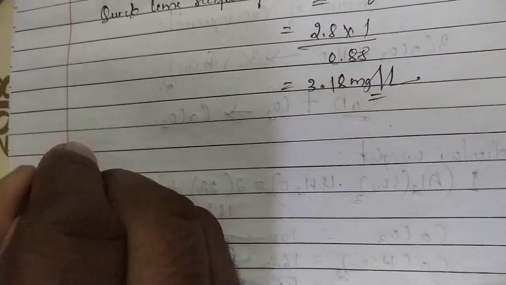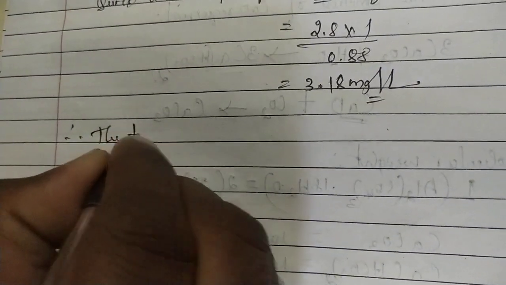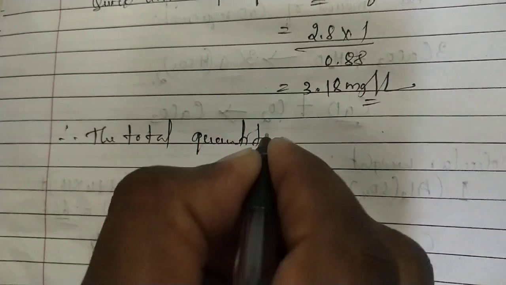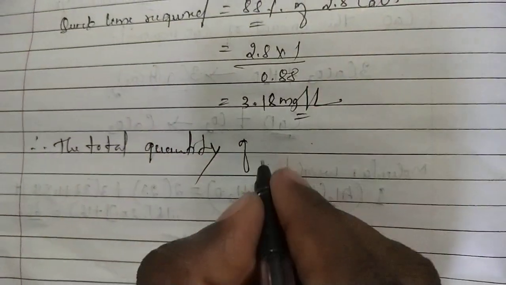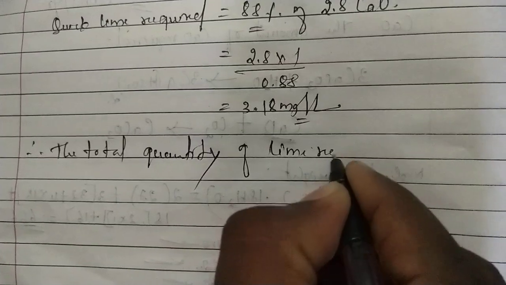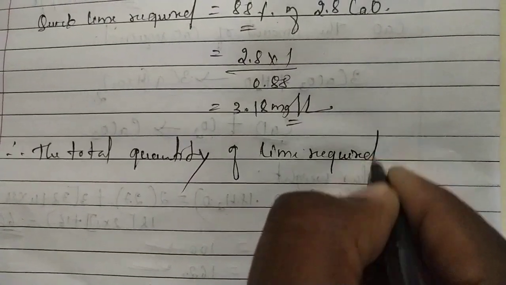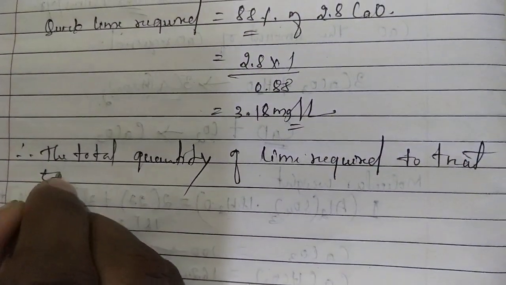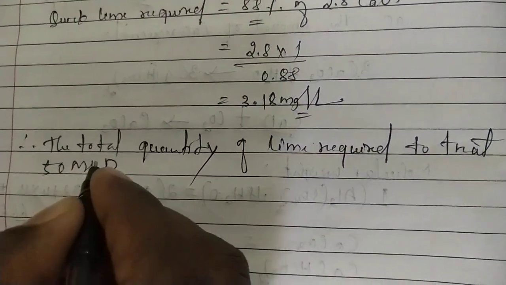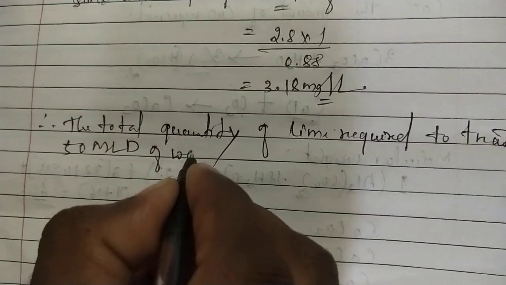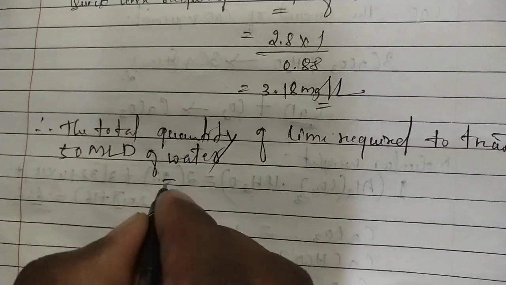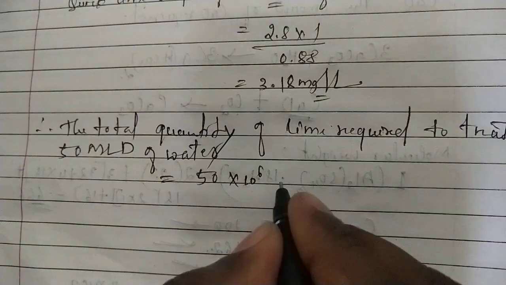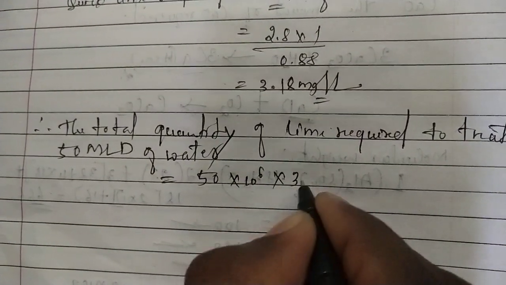Therefore the total quantity of lime required to treat 50 MLD of water is equal to 50 into 10 raised to 6 liters, million liter means 10 raised to 6, into 3.18.